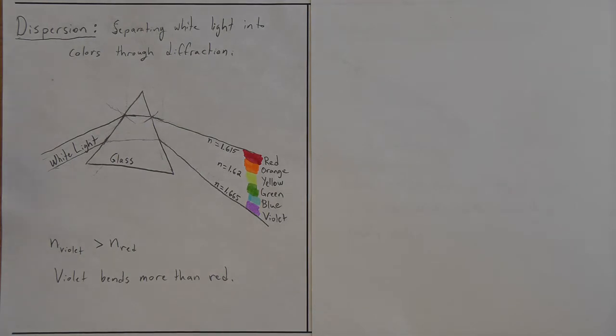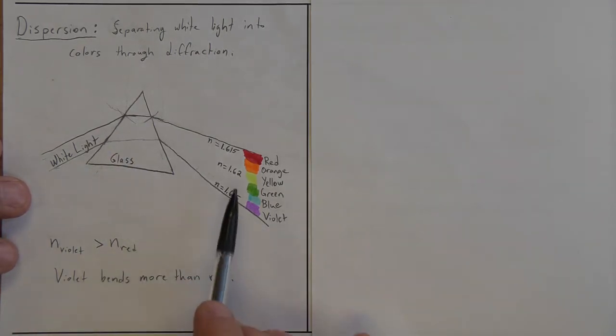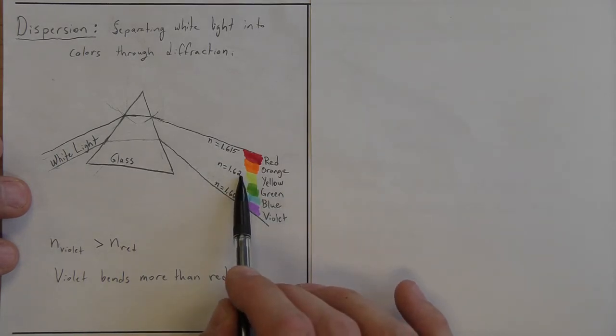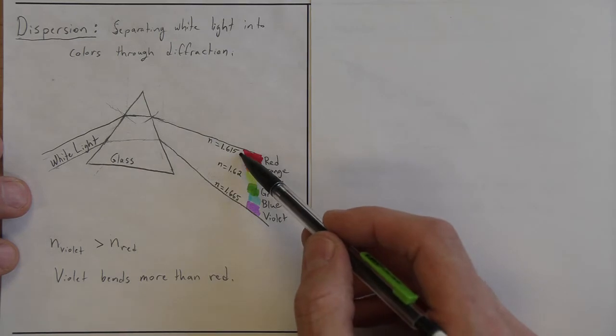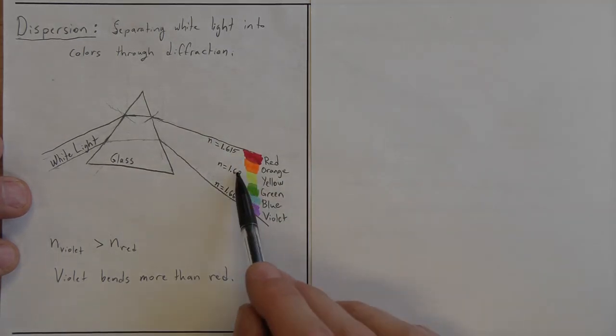I looked up some values online, and for the glass that's typically used on prisms, the index for yellow light is 1.62. But for red light, notice it's slightly less, and for violet light, it's 1.665, more.